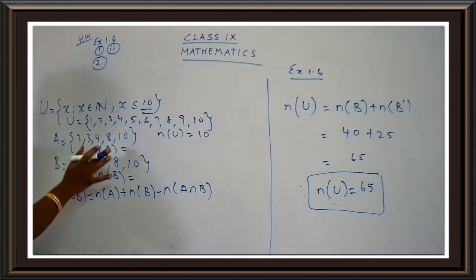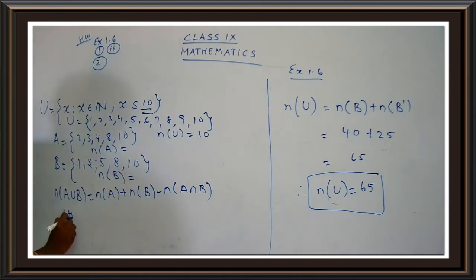Okay, now what are you going to do? After doing all this, you are going to take the LHS. What is the LHS here? N of A union B. They are asking you n, n means the number of elements in A union B. So first of all, you are going to find out A union B. You know how to find A union B? You have set A, you have set B, you have to combine them.